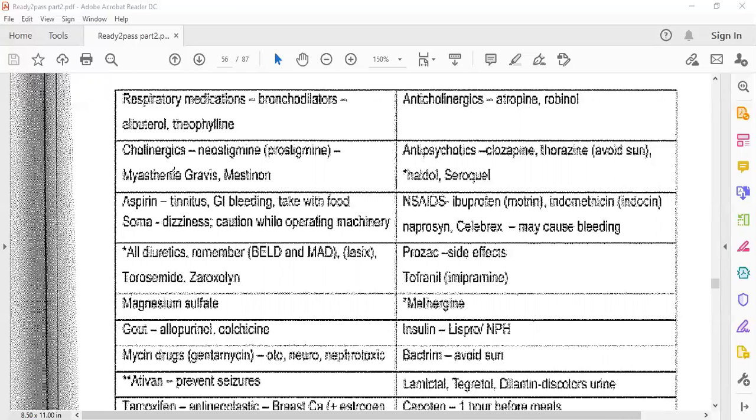So if the NCLEX board asks which medication we use for myasthenia gravis, cholinergic drugs. What is the name of the cholinergic drug? Neostigmine, right?